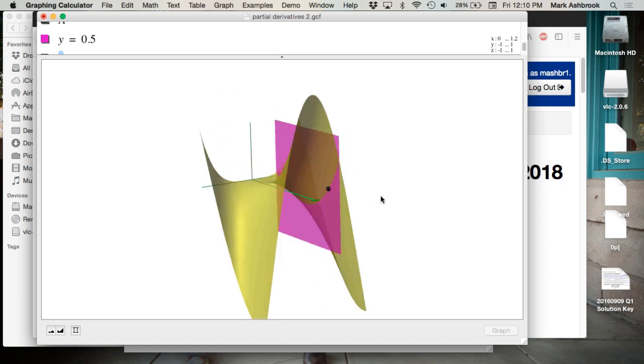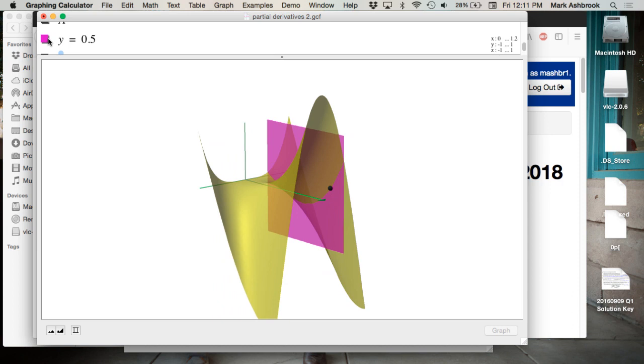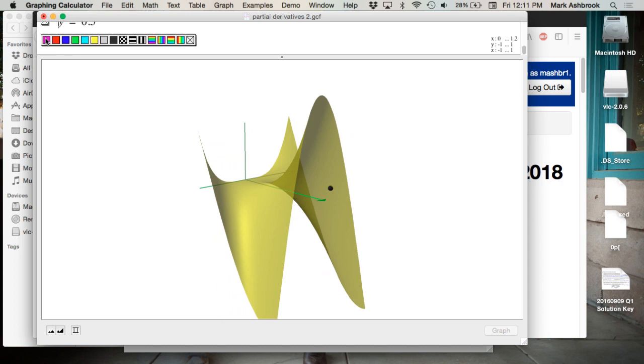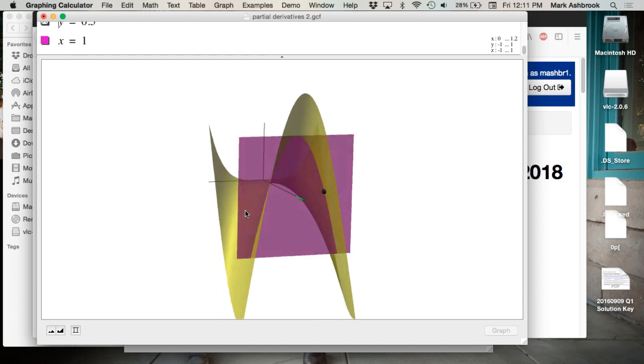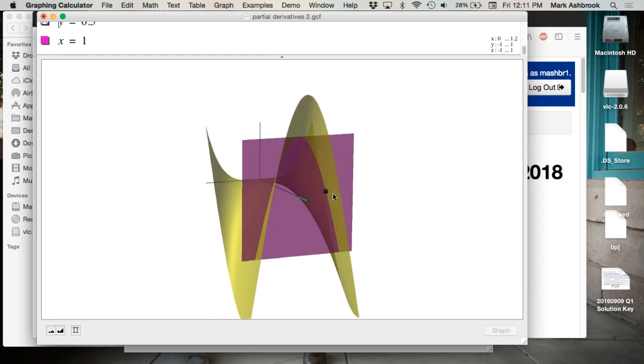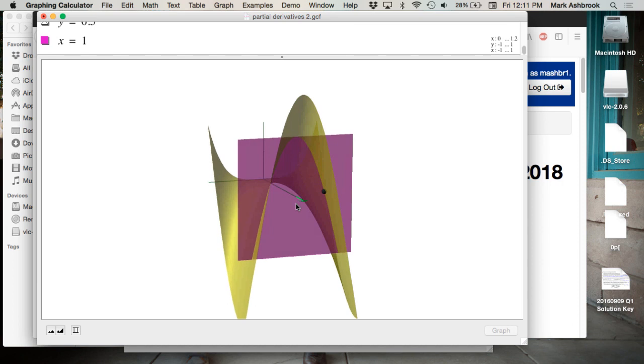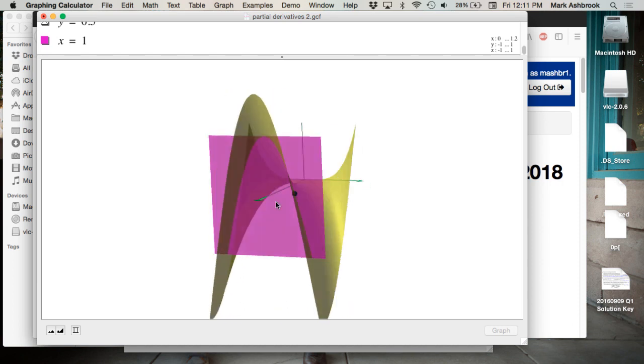And similarly, the partial with respect to y. How do we think about that? Hold x constant. So now I'm holding x constant. And a little bit negative or a lot negative? Do you see that contour right there?